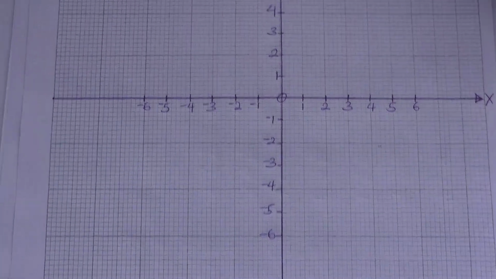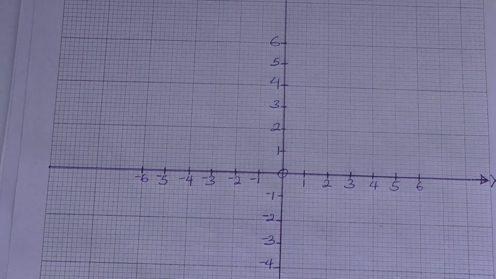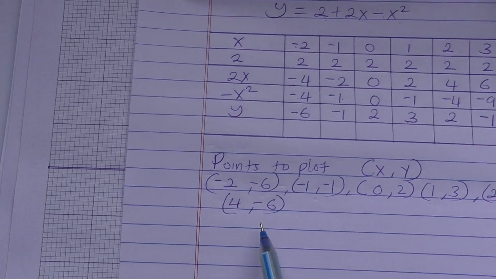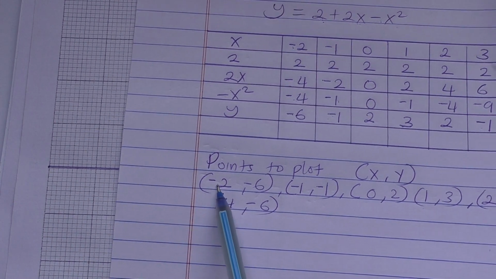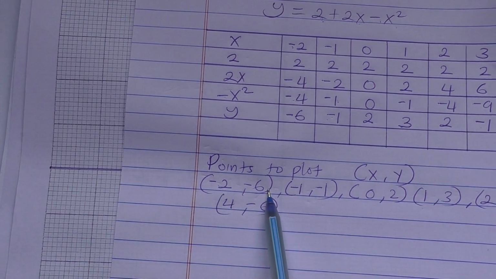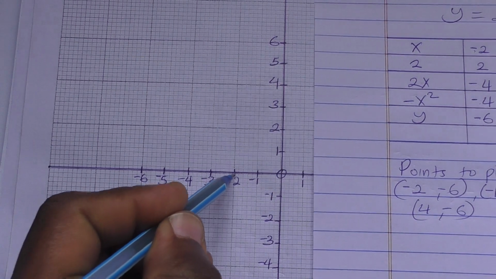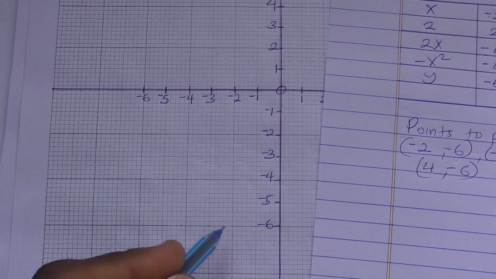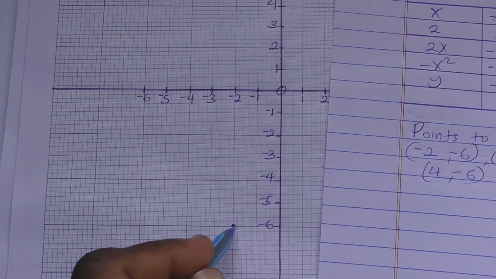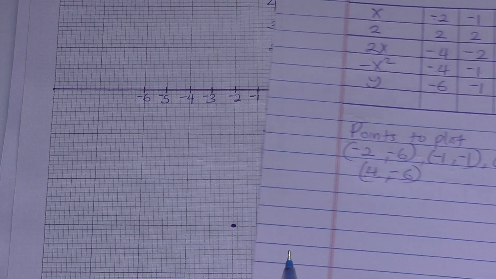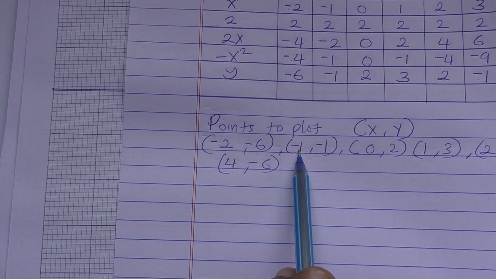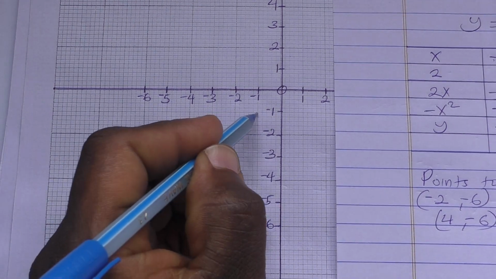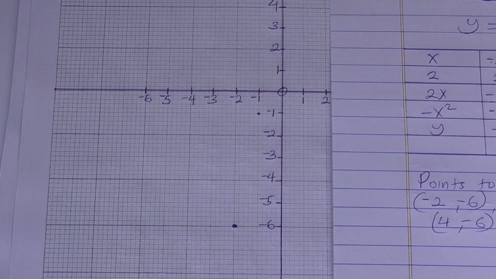This is our graph, and now the values we are going to plot are, our first coordinate is (-2, -6). Let us plot that. -2, -6 is down. So this is our first point. Then we have (-1, -1). So (-1, -1) is there.